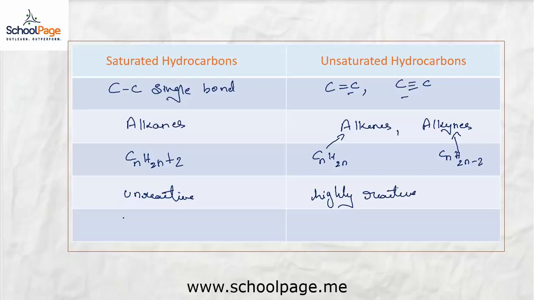The names of saturated hydrocarbons end with ane, for example methane, butane, propane and others. Unsaturated hydrocarbons end with ene if they have a double bond and end with yne if they have a triple bond, for example ethene, propene and others for alkenes, and ethyne, propyne, butyne and others in the case of alkynes.